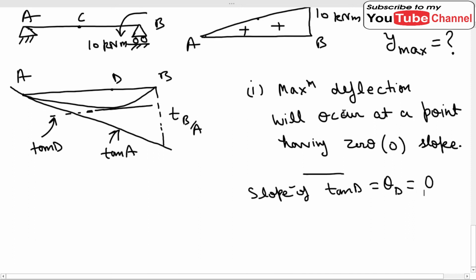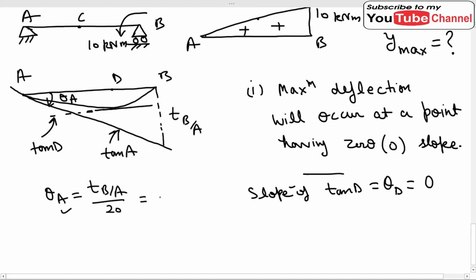Okay, so basically what is the trick here is that first of all we will find out the angle. This is theta A. First of all we will find out the theta A by using the simple procedure. What is the simple procedure which we have done earlier? Theta A will be TB over A upon 20.